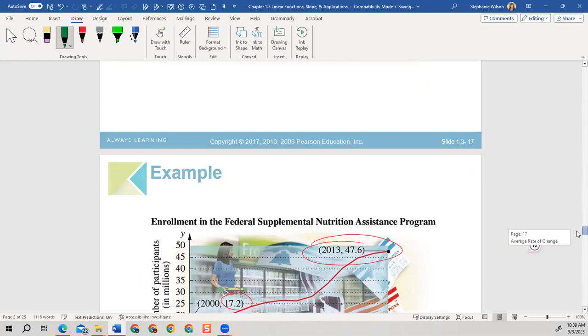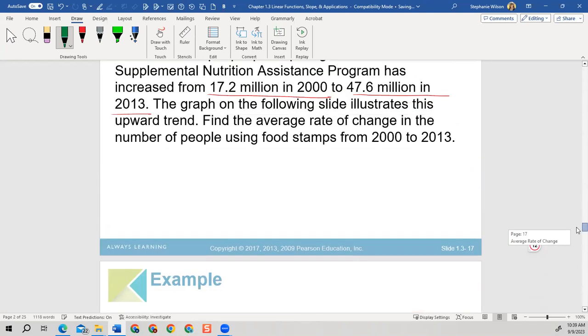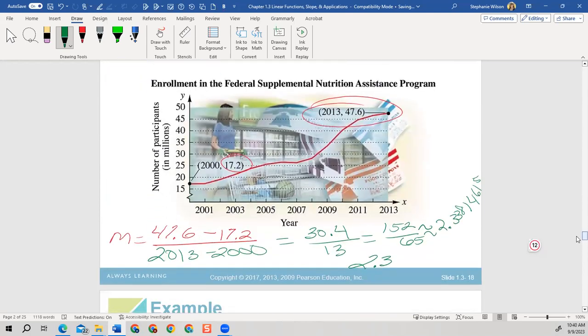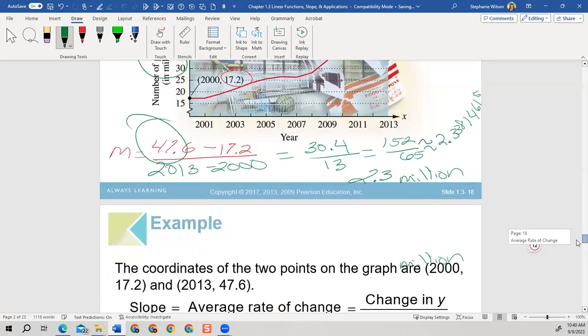Go back to what it asked for. It said, find the average rate of change in the number of people using food stamps between 2000 and 2013. It is 2.3 million. Because look, right here, it says million. All right, so that's solving the application problem.